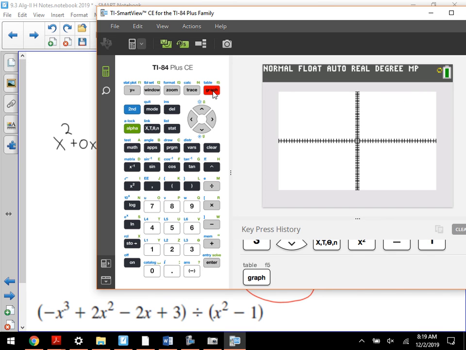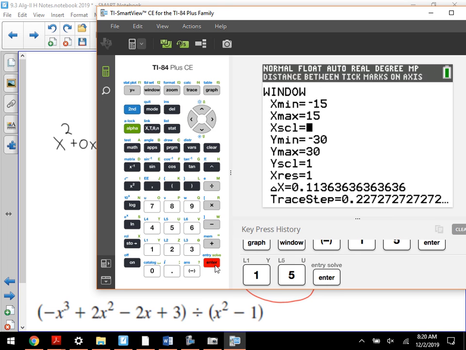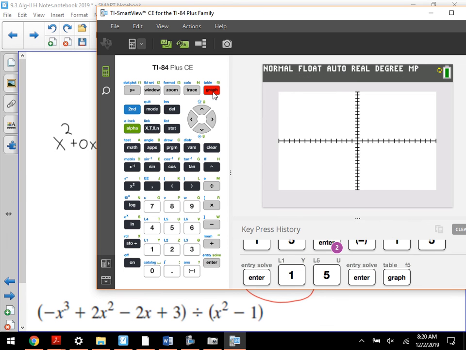Now, let me change my window up a little bit here. If you did this, your graph kind of looks something like this.